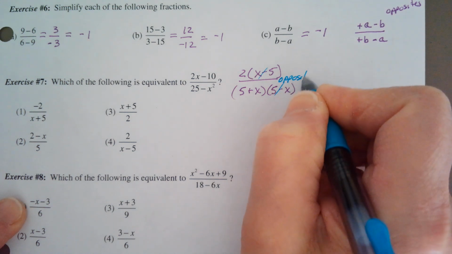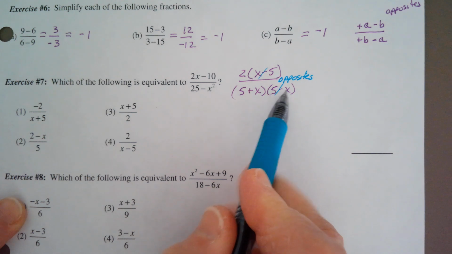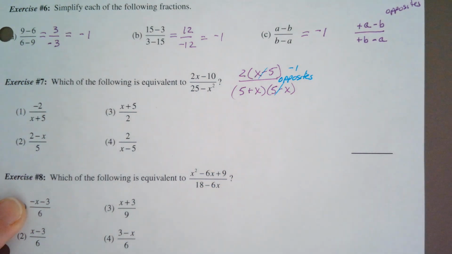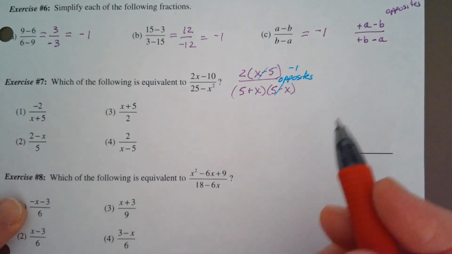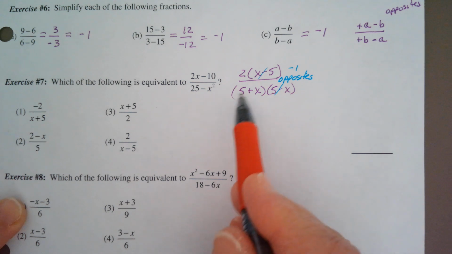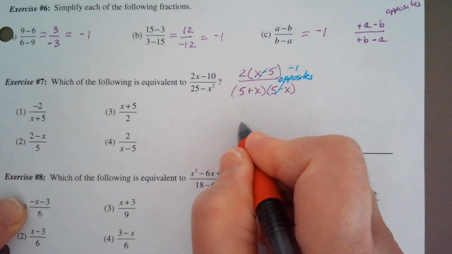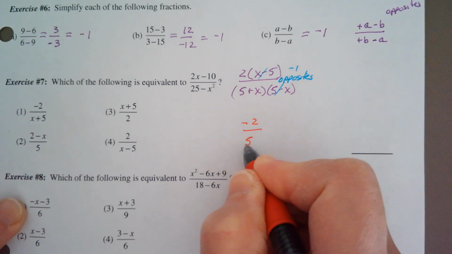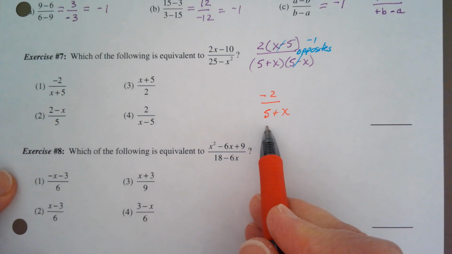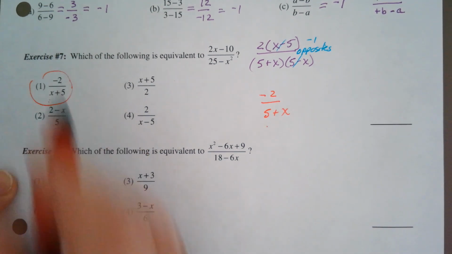I usually write the word. That's a positive x, negative 5, positive 5. So they divide out and are replaced with negative 1. Now the negative can be placed either in the numerator, in the denominator, or out in front of the fraction. I'm going to keep it in the numerator, negative 2 over 5 plus x. And just realize that 5 plus x is the same as x plus 5, choice 1.